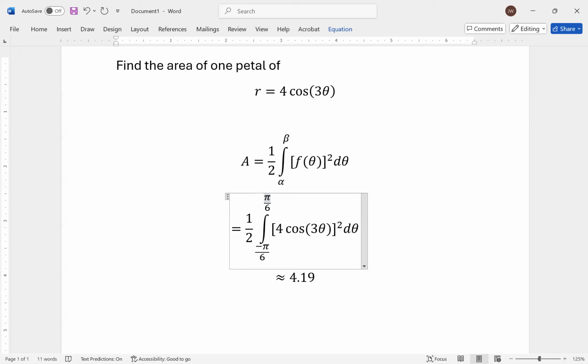And sure enough, when I typed it on my calculator, I got the exact same value in all three of those versions. So right about 4.19 is the area of one petal of this rose curve.